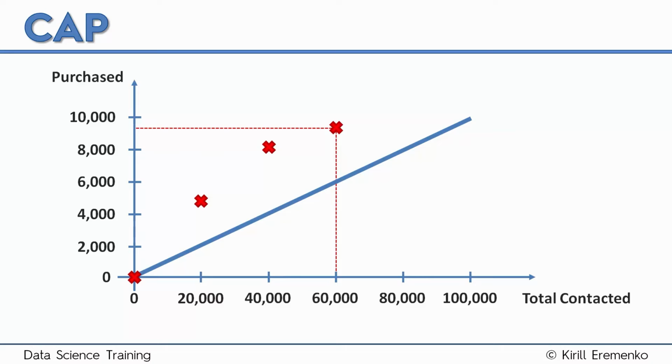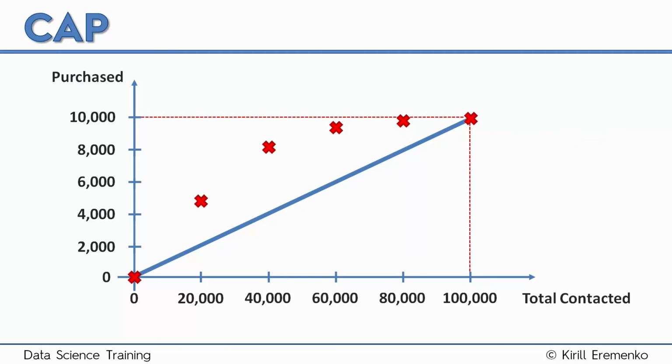But we're getting very close already. So even at 60,000, we're already at 9,500 respondents or purchases. We could actually stop here. We've already pretty much contacted everybody. But if we want to contact more, if we send it out to 80,000, we're getting even closer to 10,000 responses. And if we contact 100,000, we will still be back at our 10,000 responses.